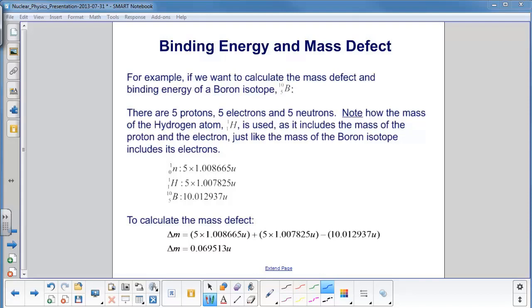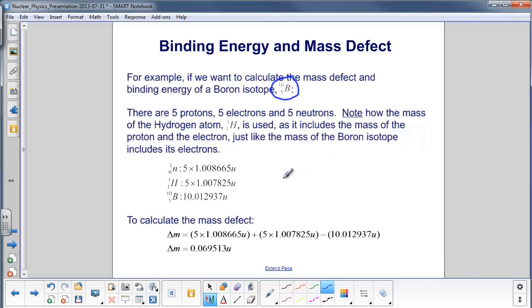Let's show an example as to how to calculate the binding energy of an isotope. We're going to start with boron 10. Notice I just say boron 10 because the 5, which tells you how many protons there are, is somewhat redundant, since only boron has 5 protons. We have 5 protons, 5 electrons, and 5 neutrons.